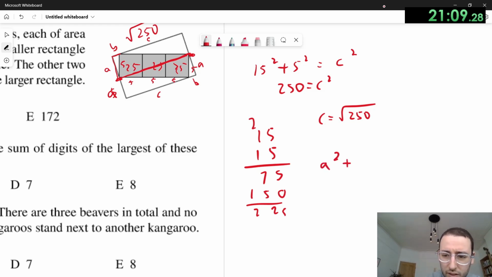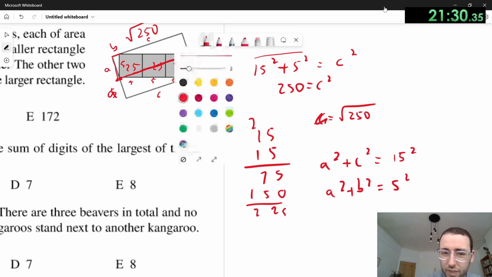A squared plus C squared. No, I can't call it C. Okay, I'm changing my C. A squared plus C squared equals 15 squared. Yeah, there's something fishy going on here. A squared plus B squared equals 5 squared. Yeah, look, that's all these bits.